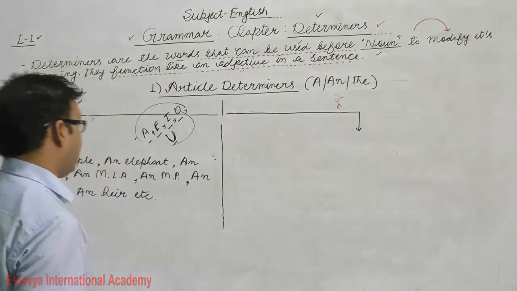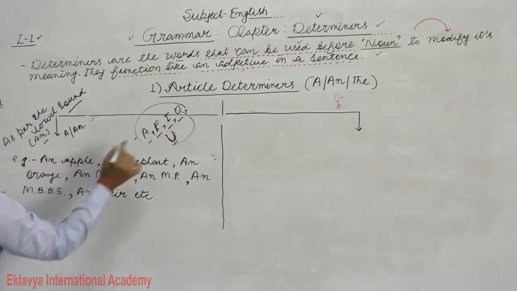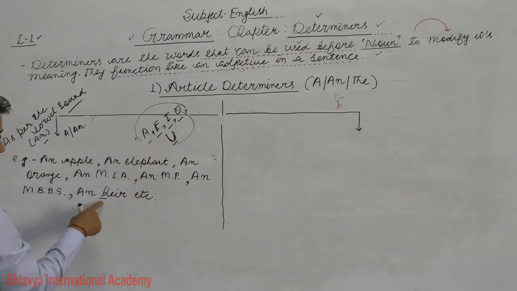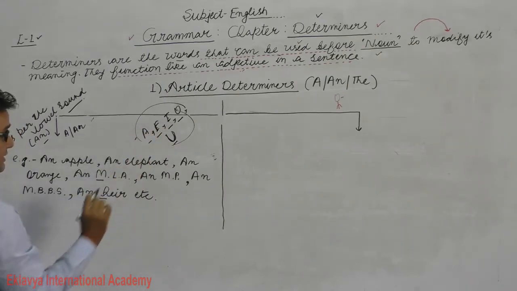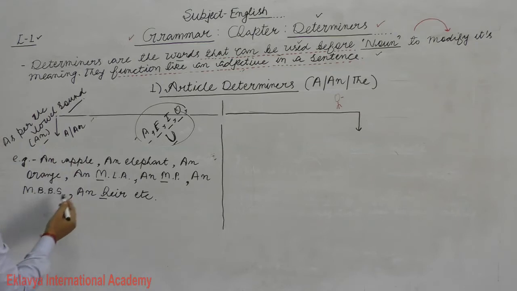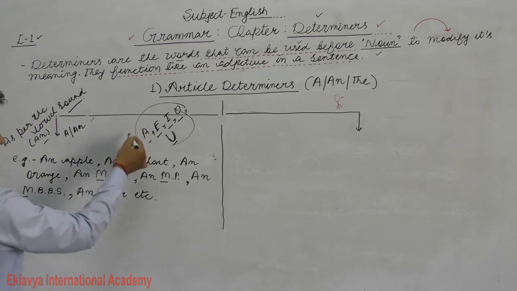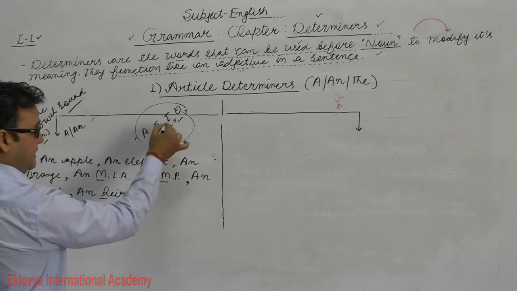Let's find out the sound here: A, E, I, O, U we have, but here we have no vowel. H, we have no vowel here. कोई vowel यहाँ पर नहीं है, but we have consonant letters. M is not a part of the vowel letters A, E, I, O, U.